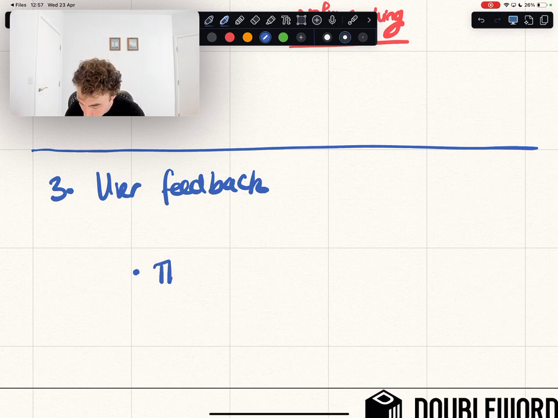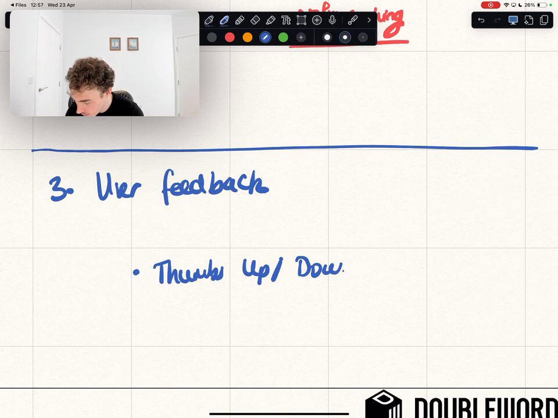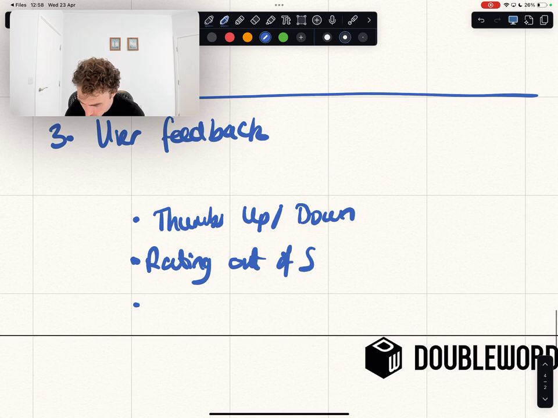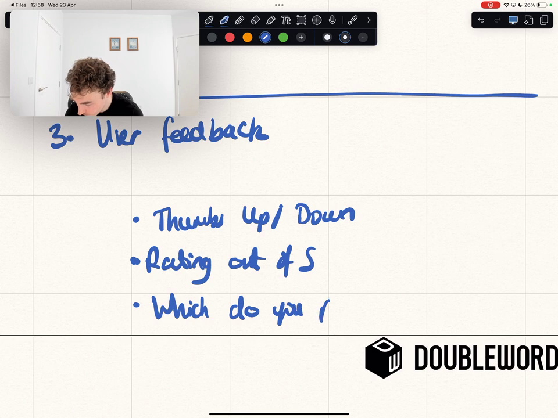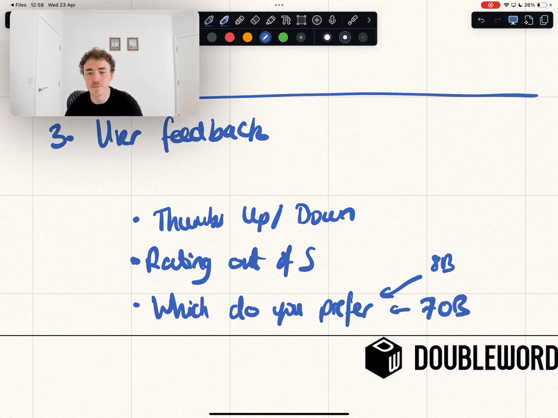So something like thumbs up or down, rating out of 5. So maybe generate 2 answers and say which do you prefer. For example, you might generate one from an 8 billion parameter model and a 70 billion parameter model and see which the user prefers.